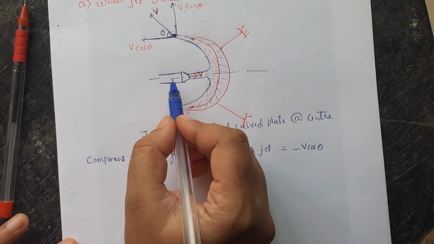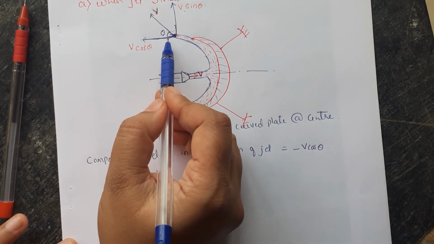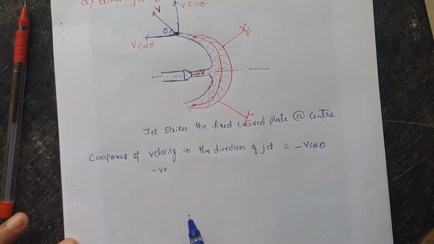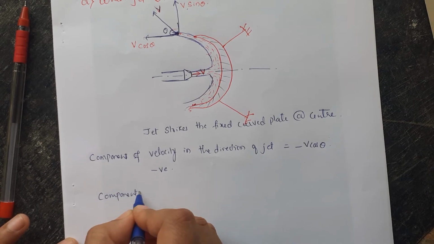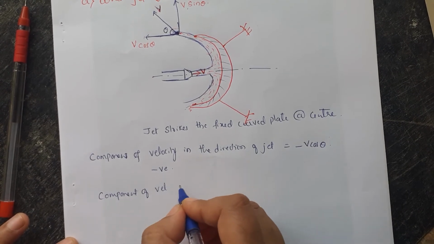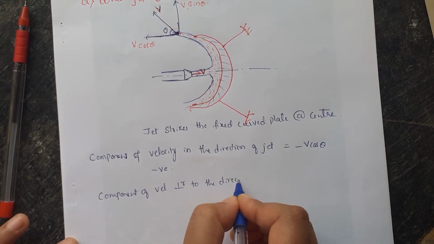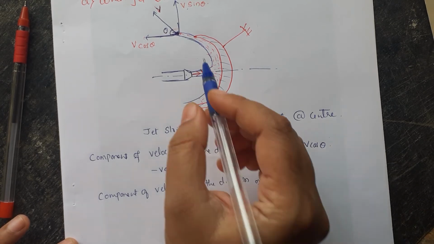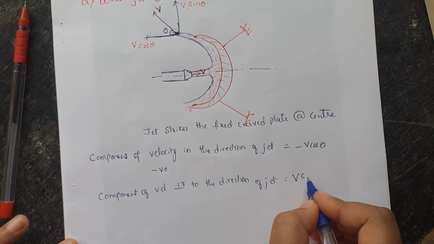As I said, the jet is moving with this velocity, so it has its component in the opposite direction. Then component of velocity perpendicular to the direction of jet is equal to what? As you can see in the figure, it is equal to v sin theta.